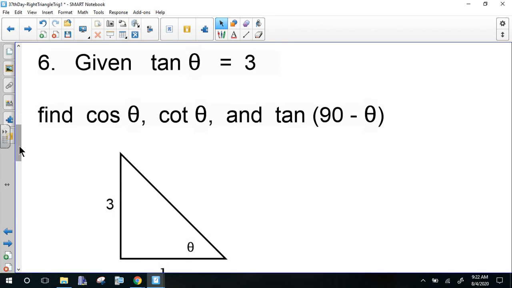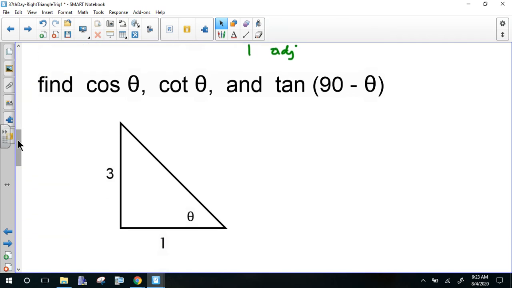All right, next one. We are given tangent of an angle is 3. So remember, tangent is opposite over adjacent. So I draw myself a triangle, and I'll list opposite over adjacent. Opposite, adjacent.